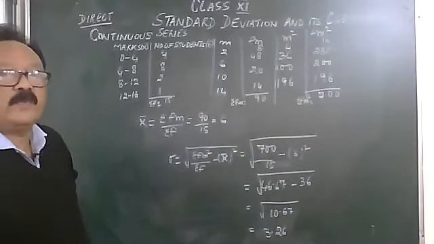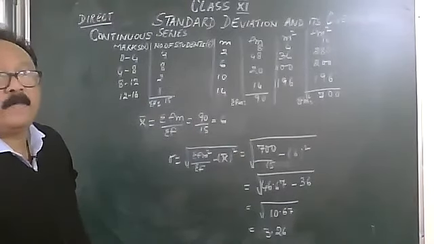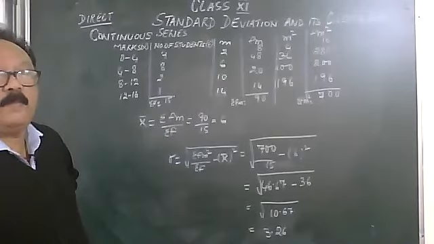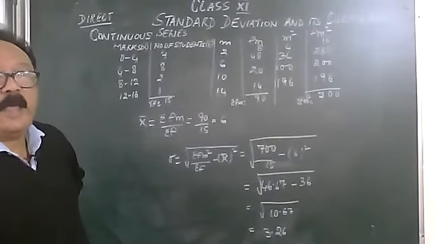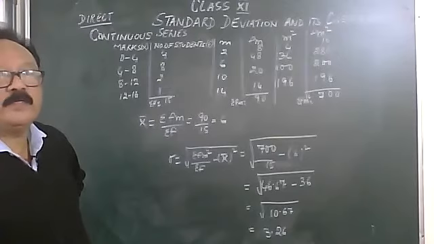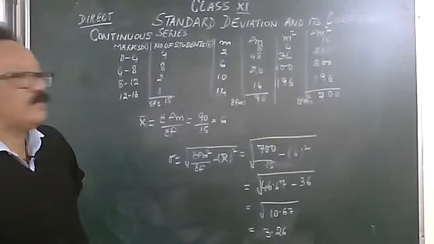So what is the difference? The difference is, from the midpoints which we have taken out, we will directly square the midpoints and then multiply the frequencies with them to get f m squared.